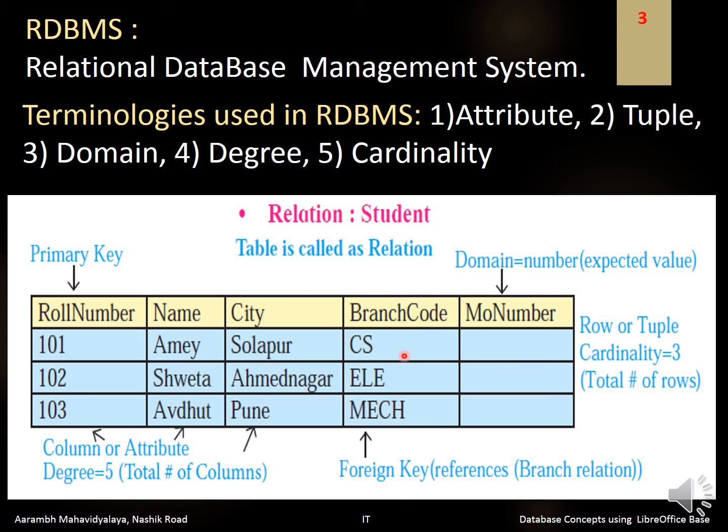Therefore here this key is known as the foreign key. This key again references the specific value, therefore it is known as a foreign key here. But in the branch relation we are going to study that this key will be a candidate key or the primary key.